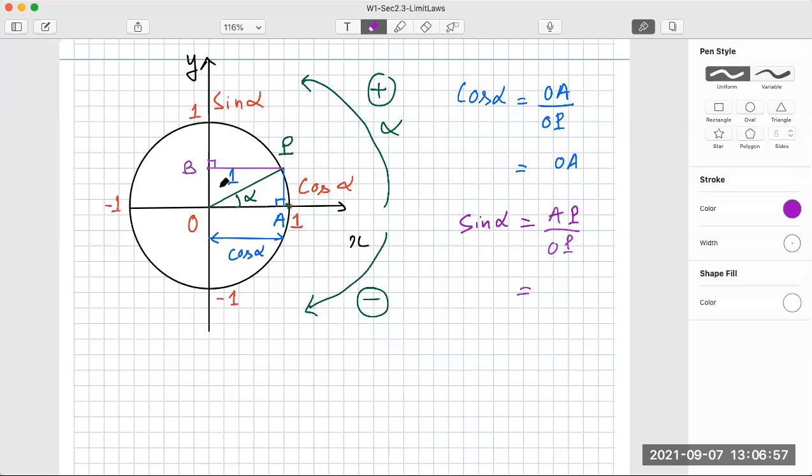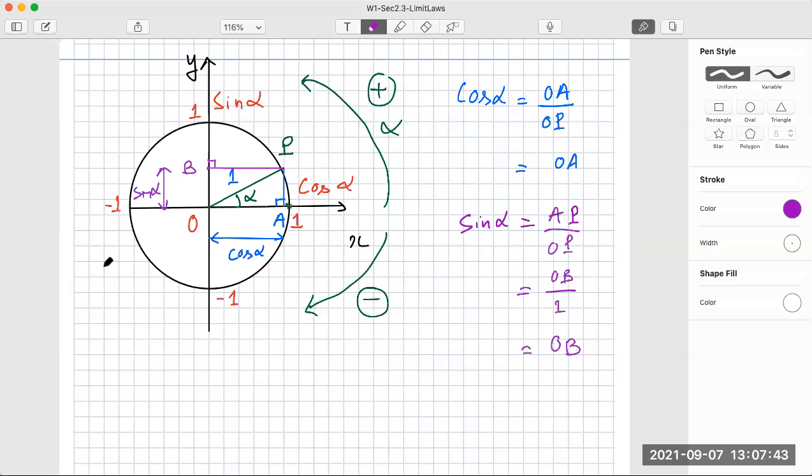But because this is a rectangle, we can write AP as OB, and OP is 1. In order to find sine alpha, we just project to the y-axis, and this distance will be exactly the value of sine alpha. Very easy to remember. So is it clear now?